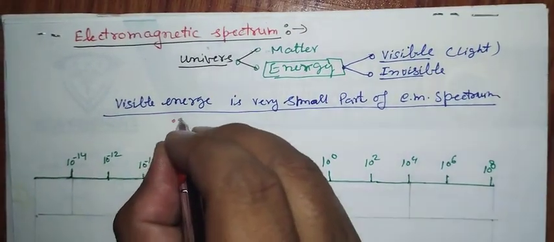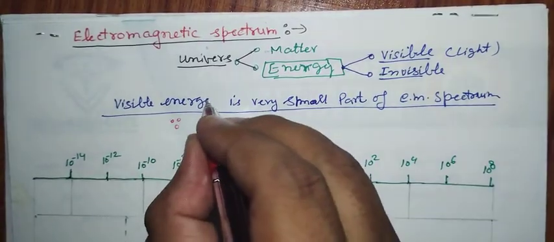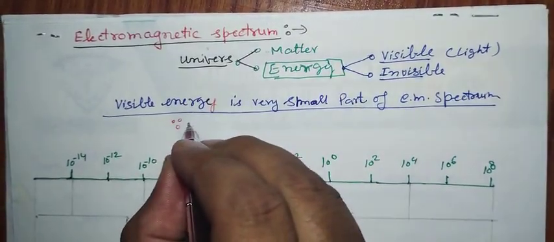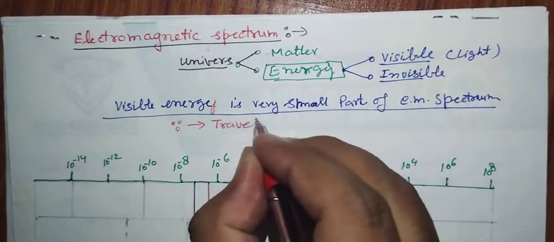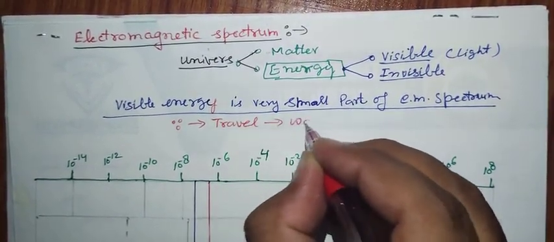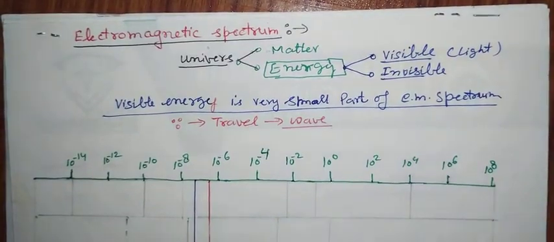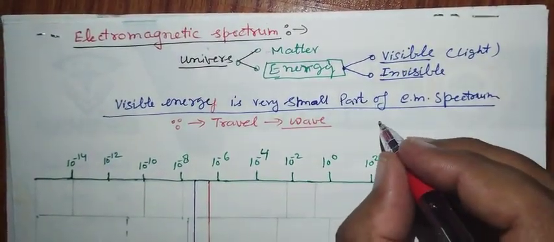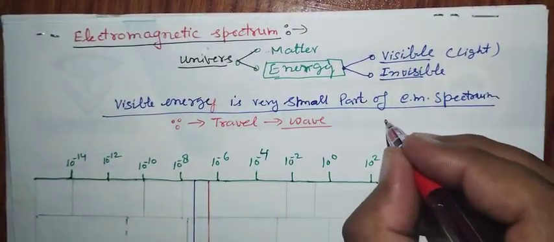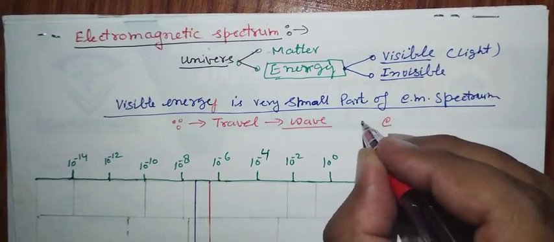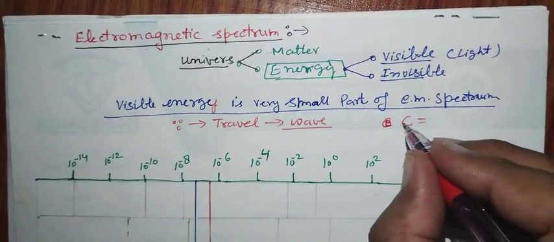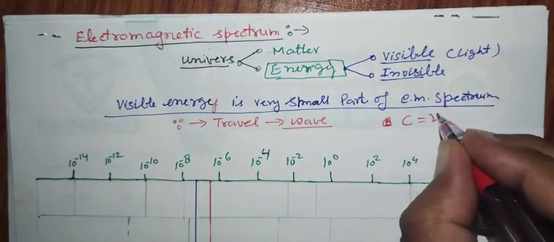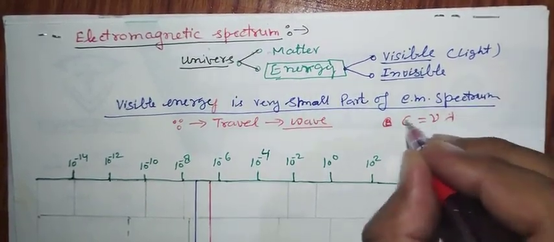Since this electromagnetic energy in the universe travels in the form of waves, the wave velocity of this electromagnetic energy is denoted by c, and wave velocity is given by frequency nu and wavelength lambda.